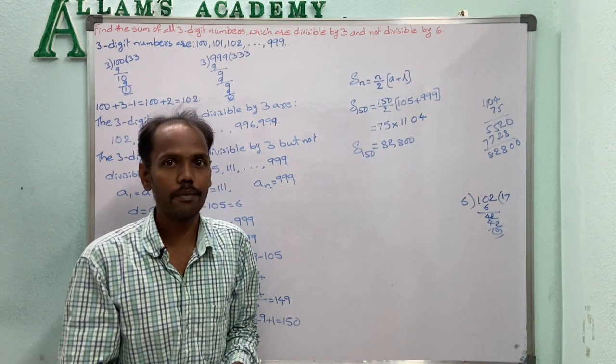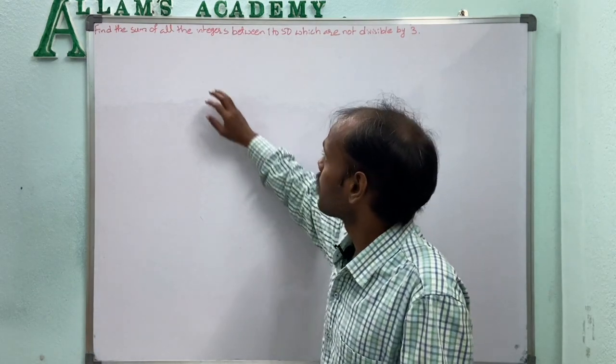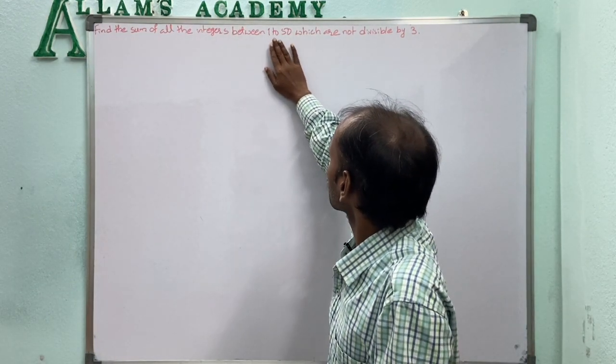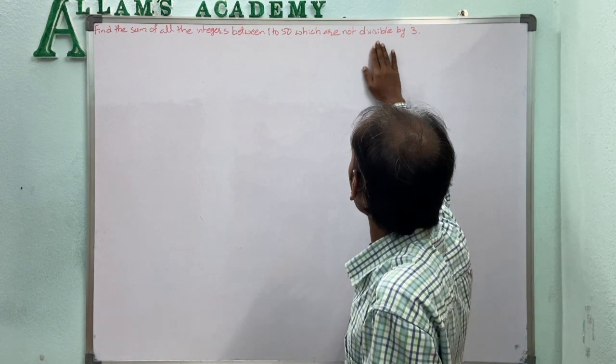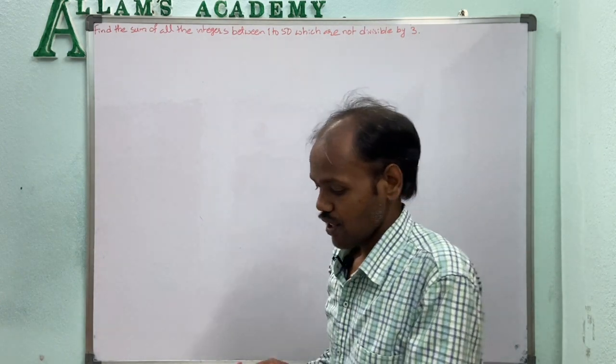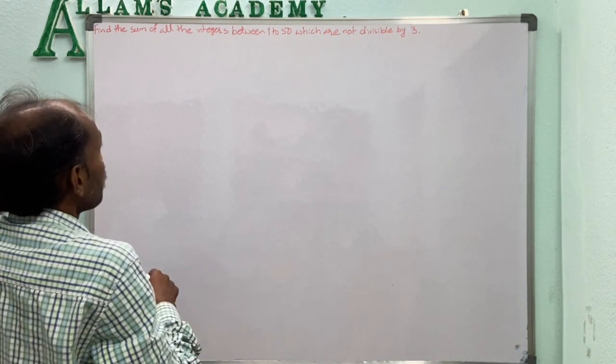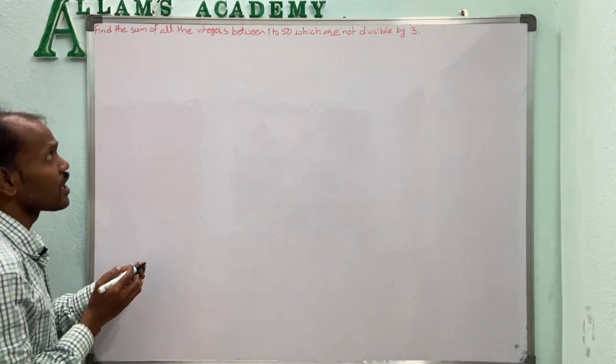82,800. Now the given problem: find the sum of all integers between 1 to 50 which are not divisible by 3. So here, from 1 to 50, first we check which numbers are divisible by 3.